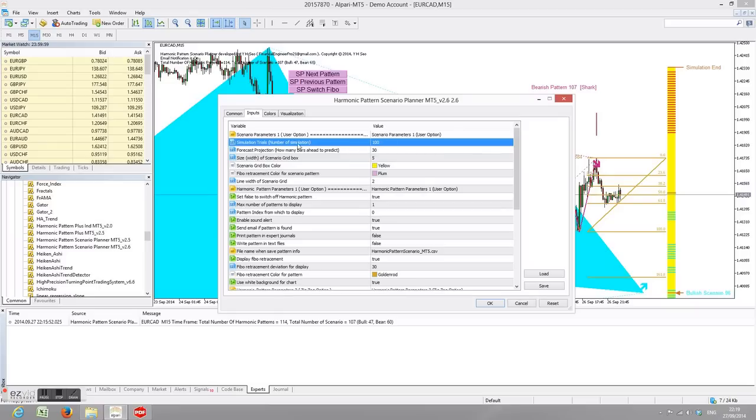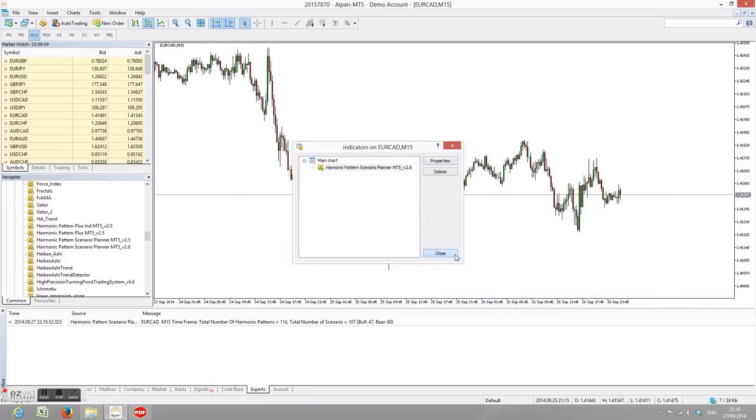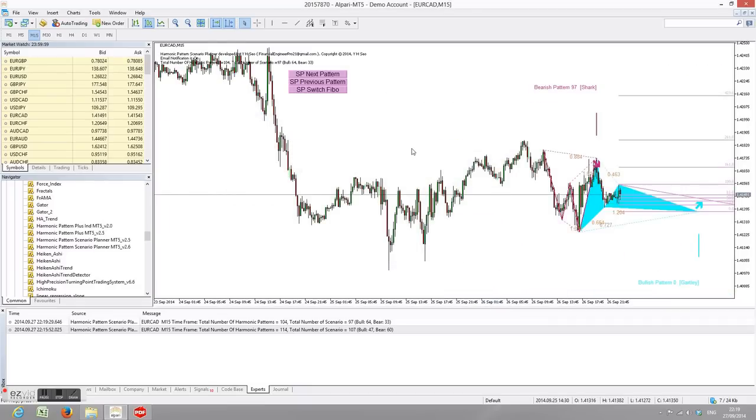The simulation trials are how many simulations you will do. If you choose more than 100, then it will do more simulations. The forecast projection is how many bars this simulation will predict. For example, if you say 100, it will simulate bigger ranges.